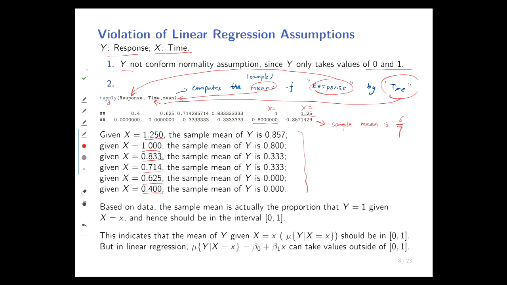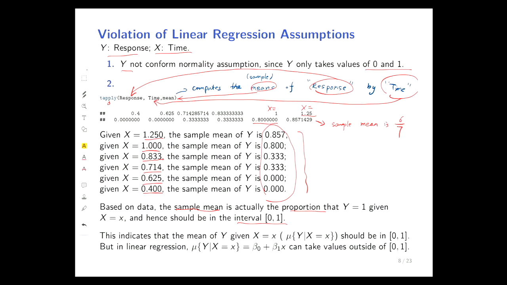But if you still remember, the sample mean here is actually the proportion that y equals 1, which is from our previous computation by hand. So those sample means should be in the interval of 0 and 1, right? So that's our observation.